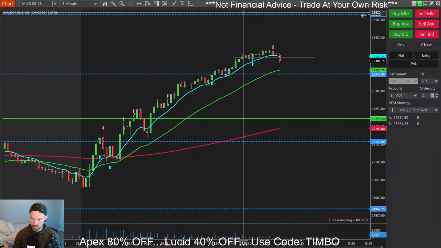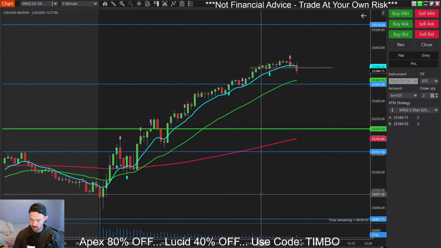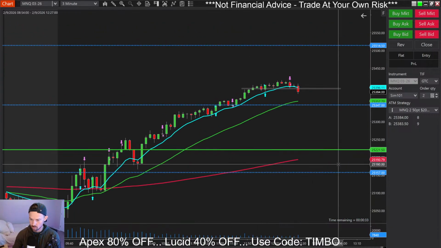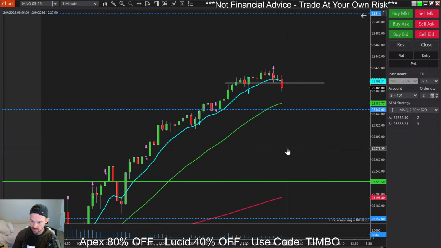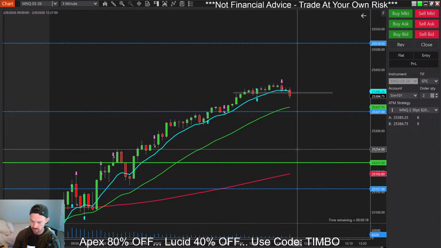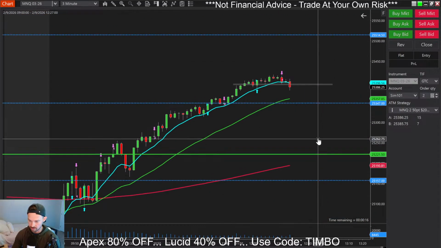But prop firms are a great way to kind of work on your skills for a very small amount of risk, right? So instead of putting like $1,000 in a live account, you can buy an eval for 50, usually less than $100 you can get an evaluation account.